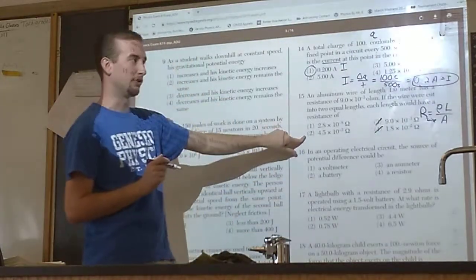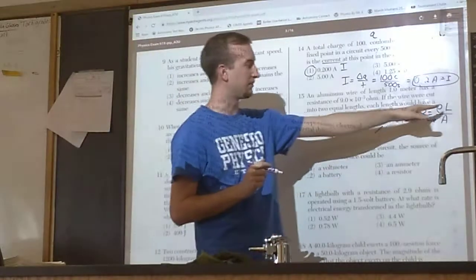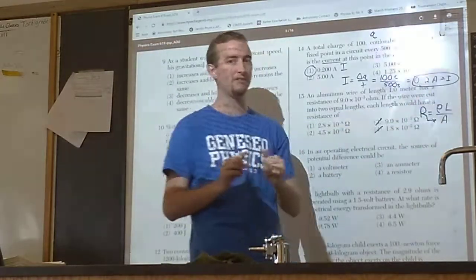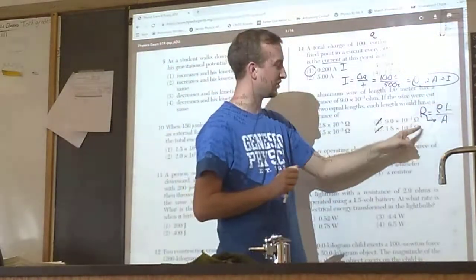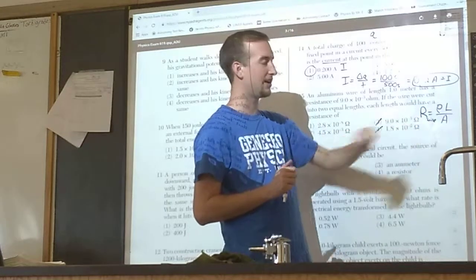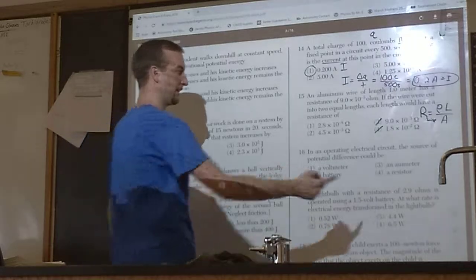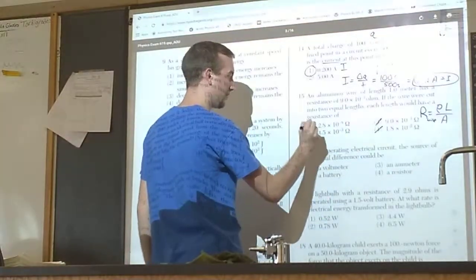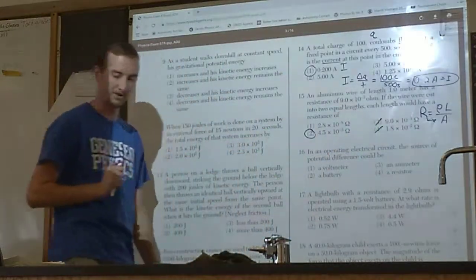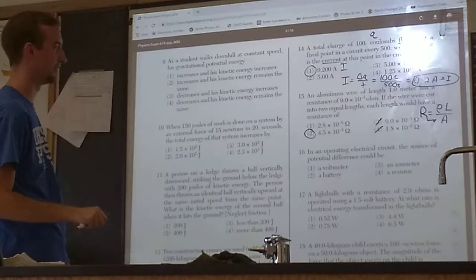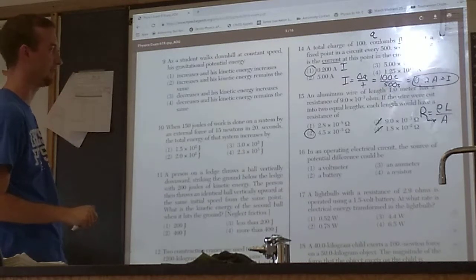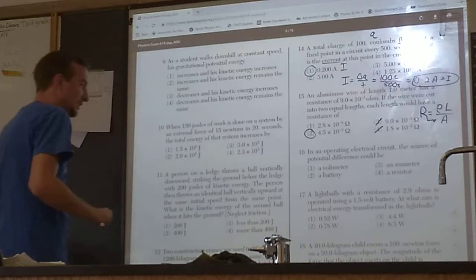I'm left with 1 and 2. Okay? I'm cutting something in half. That means L is half as big as before. If this equation is still to hold true, and rho and A don't change, our resistance must also be half as big. And half of 9 times 10 to the negative third ohm would be 4.5 times 10 to the negative third ohm. Okay? 16, 17, and 18.